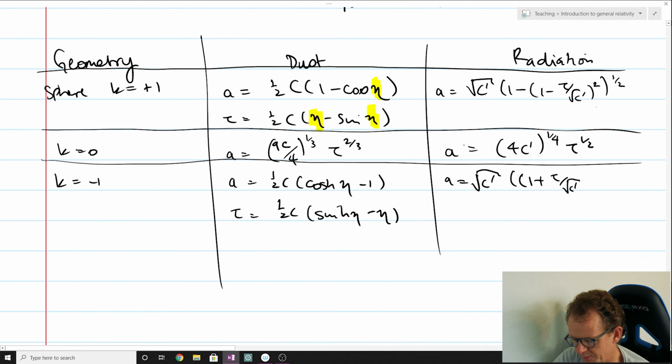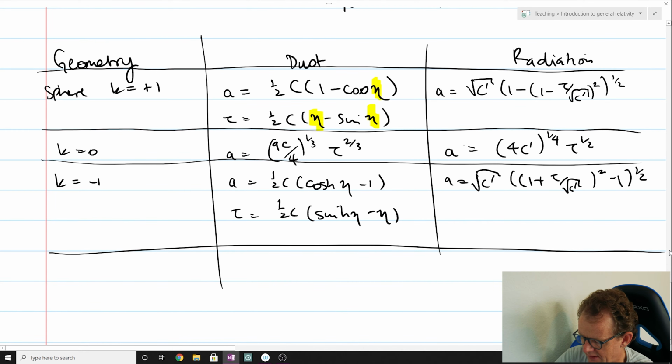And you should arrive at a table that looks kind of like this one, up to the labeling of your constants. So this is an enumeration, a case distinction of all the possible choices of K and whether or not you have a dust-dominated or a radiation-dominated stress energy content of the universe.